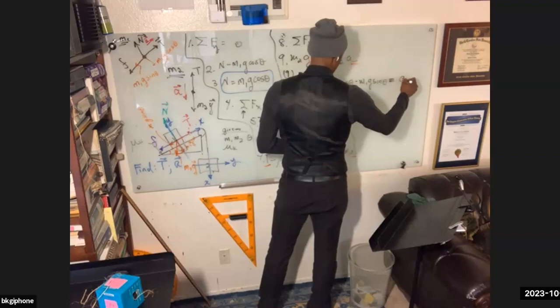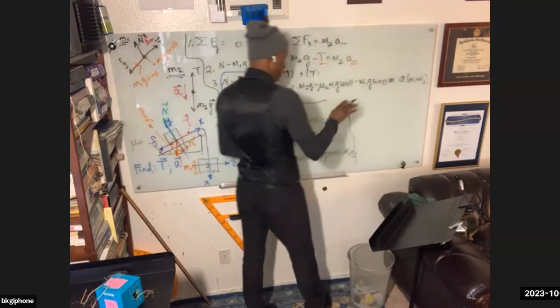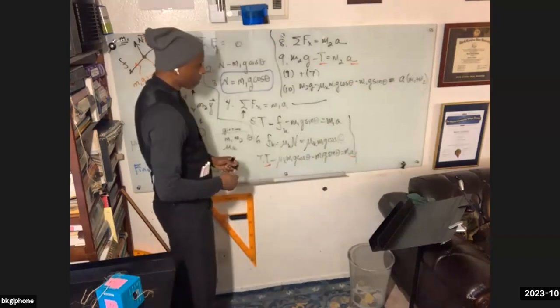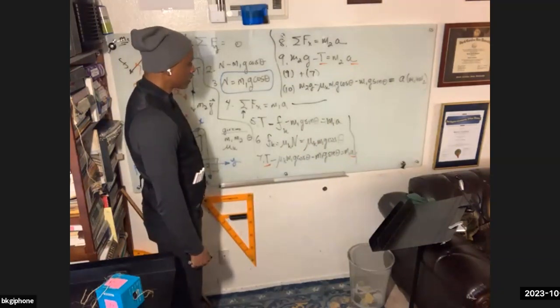With factoring out the A, I'm going to have A times M1 plus M2. Getting kind of long there now. Okay, so that's it.